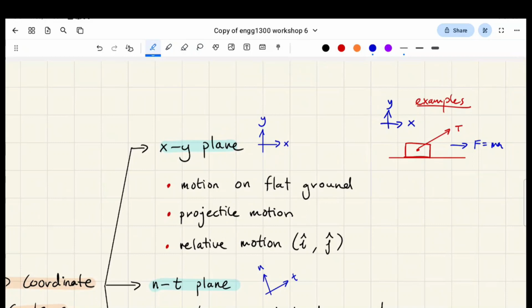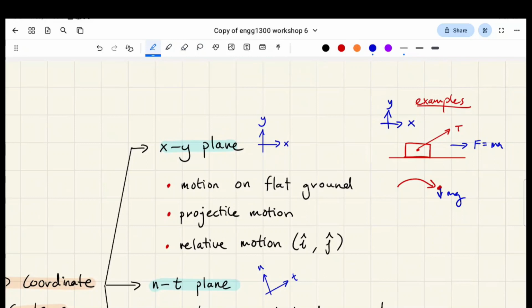For projectile motion, if you remember this from physics 1A or high school physics, it might look something like this, where you have someone who throws a ball or a cannon which is launching a cannonball. Projectile motion perfectly uses the XY plane because of three assumptions that we make.